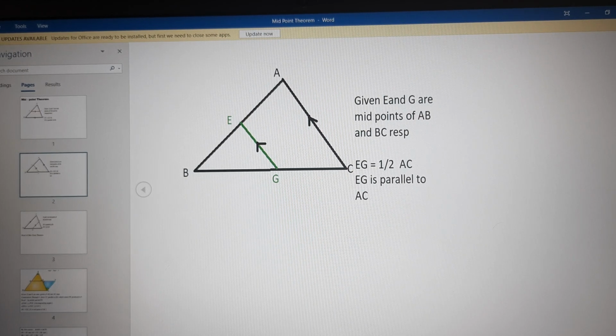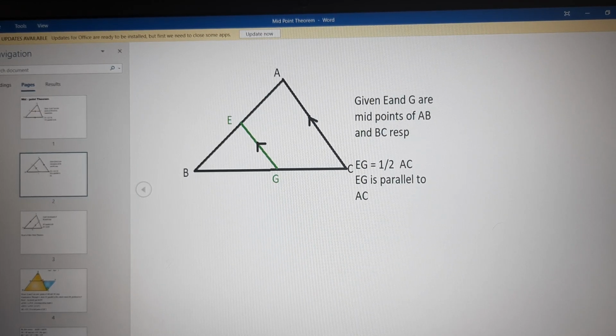This is the statement of the midpoint theorem. We'll write it in this manner. Given that in triangle ABC, E and G are midpoints of line segments AB and BC respectively, by the midpoint theorem, EG is equal to half of AC, and EG is parallel to AC.